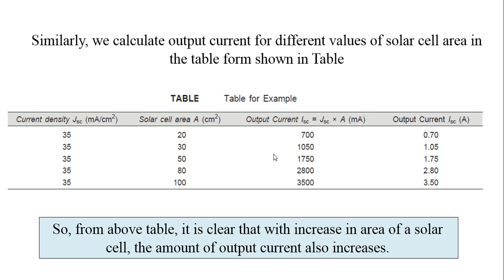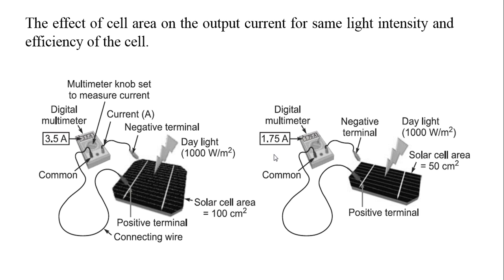This is the concluding remark of this numerical. Now if you check the same thing with a multimeter probe, for the higher cell area, from the digital ammeter we are able to measure a higher short circuit current compared to the lesser area of the cell. It is almost double because we are considering ideal cells for this discussion, meaning we are not considering any drop due to RSH and RS.